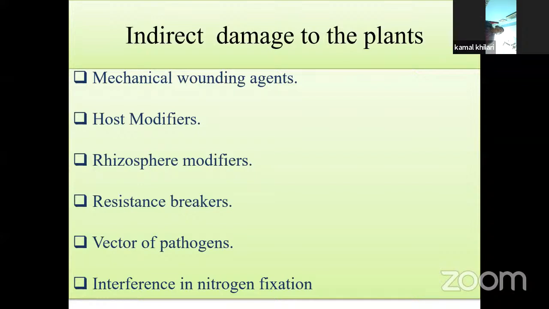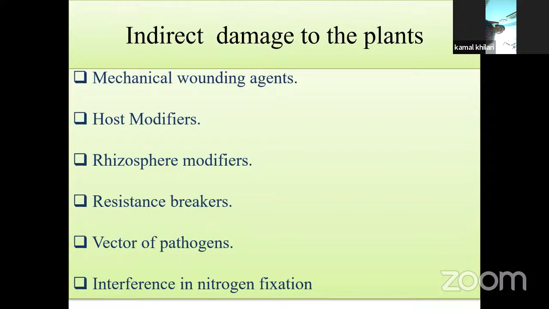That is one thing. Second, if they are causing wounds in the roots, some pathogens, for example bacteria and fungi, need wounded areas. Without these wounds, they cannot enter the system of the plant. So if there is a sufficient number of nematodes causing wounding in the root system, it means they are providing the entry point for the bacteria and fungi, which are responsible for causing the main disease in the plant.